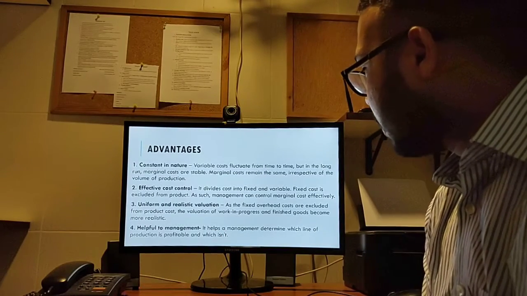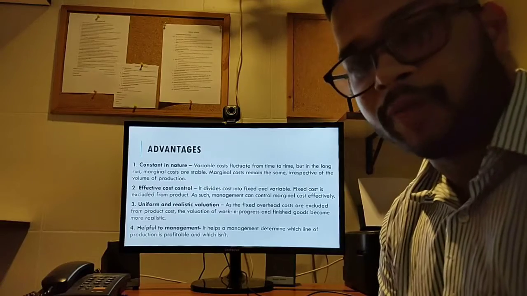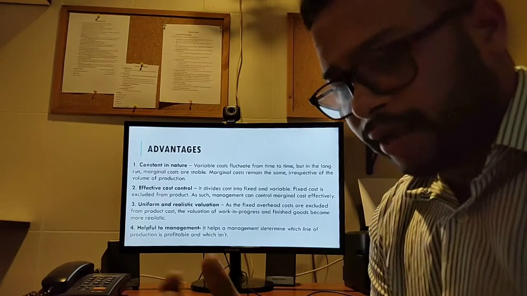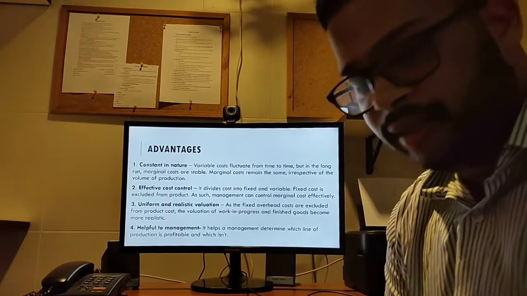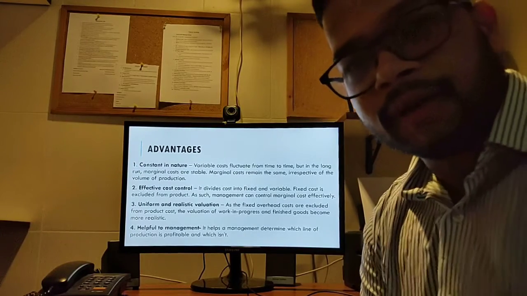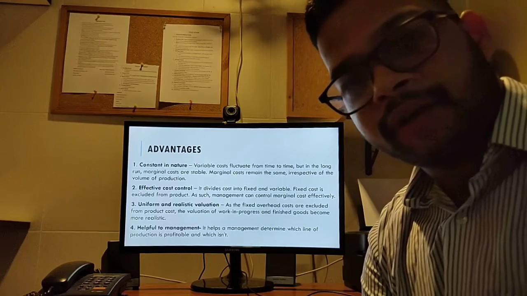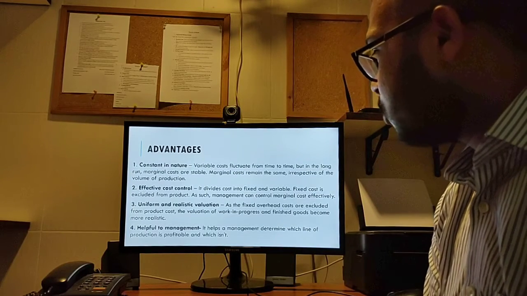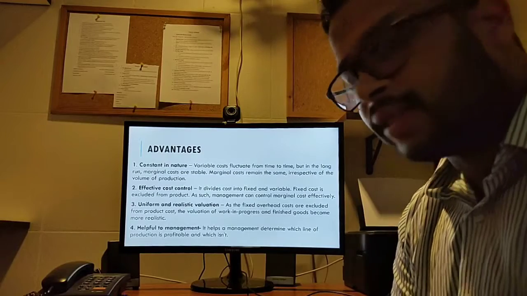Now marginal costs remain the same irrespective of the volume of production. When you're computing your direct materials, labor, and expenses, what would differ is only your volumes, but at the end of the day your cost remains the same. So in the long run also the marginal costs remain the same.